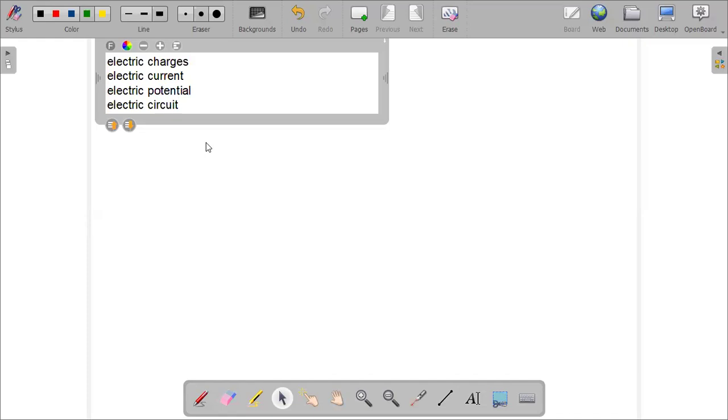Aryan, what is electric current? Electric current is the rate of flow of electric charges, sir. Okay, so can you define electric current? Rate of flow of charges, sir. Yeah, rate of flow of charges is called electric current.